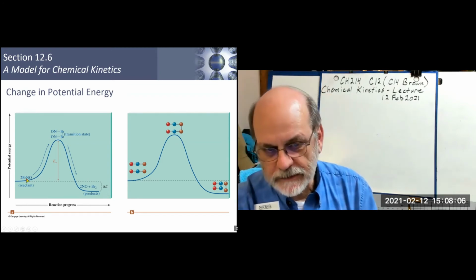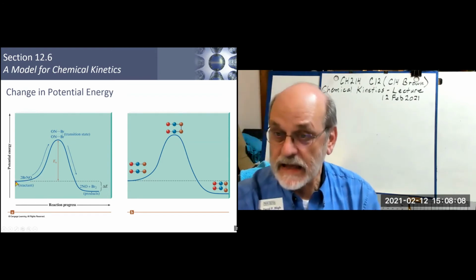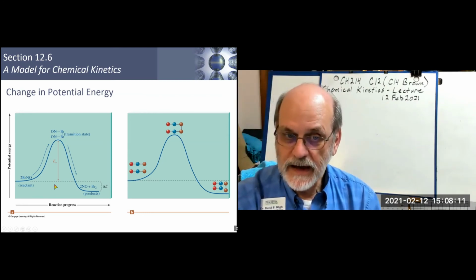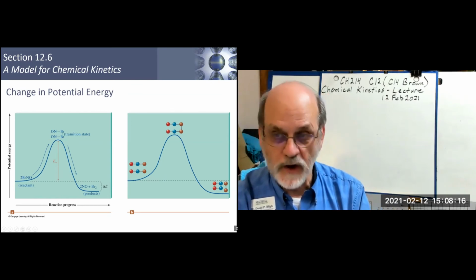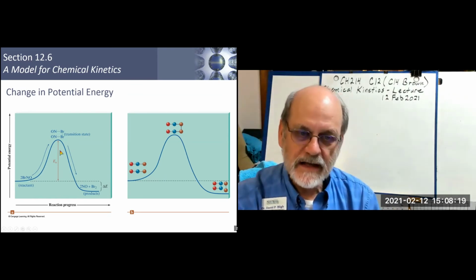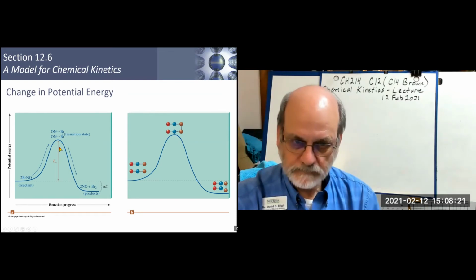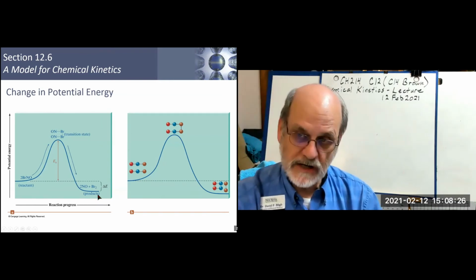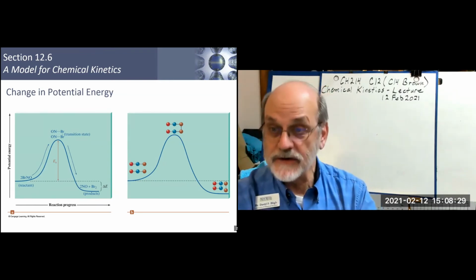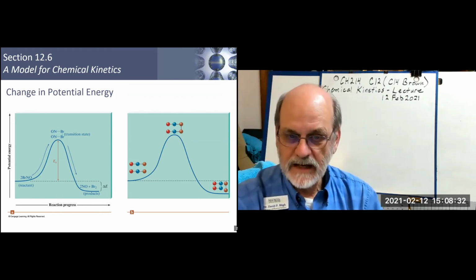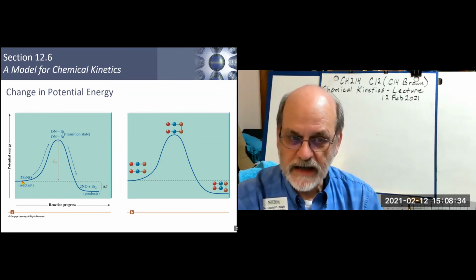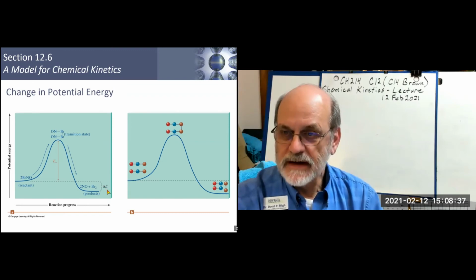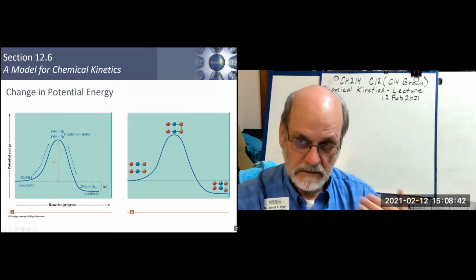So the difference between the beginning energy of all the reactants and the final energy of the transition state, or the activated complex, we often call it, is the activation energy. And then it'll roll down the other side. And in this case, the products have less energy, which adds to their stability, of course. And the difference between those two, starting energy and final energy, is the change in energy of the reaction.